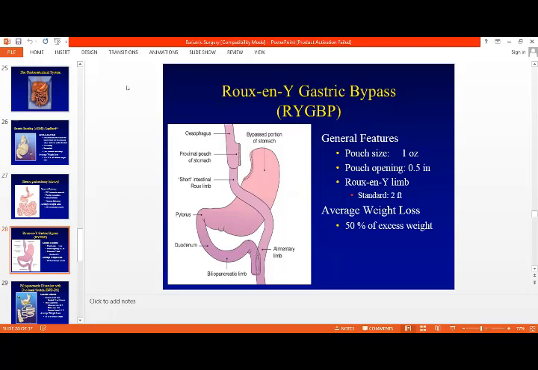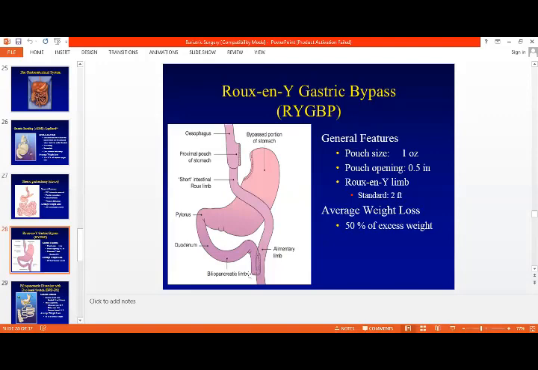The stomach is divided and stapled just below the esophageal opening, and a small pouch of the stomach is left attached to the esophagus. This is a very small pouch, just like a lap band size of pouch, and it is stapled, so it is closed. And the rest of the stomach is still there, and the pylorus and the duodenum and everything.